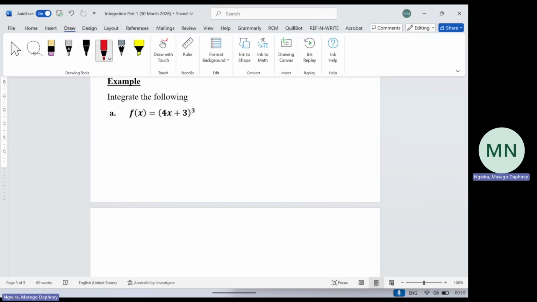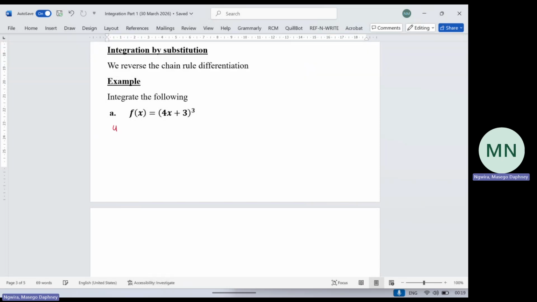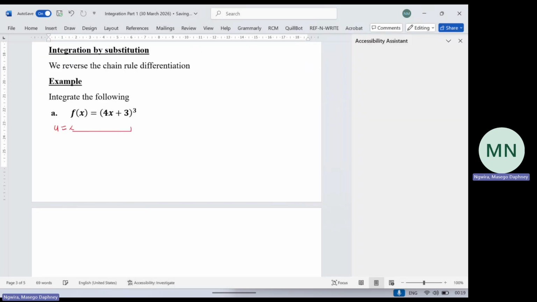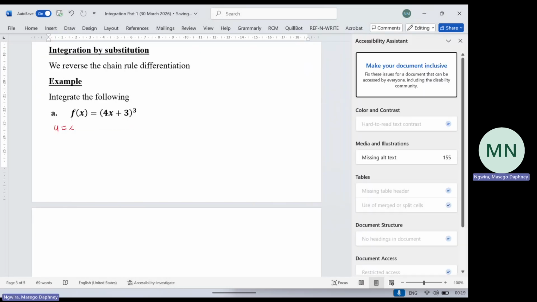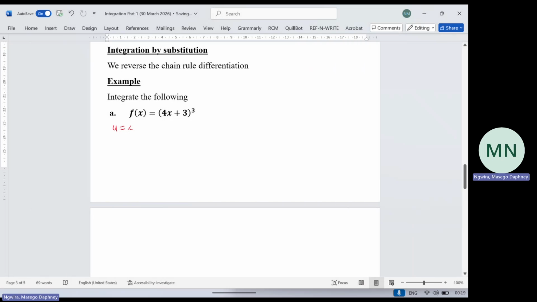When we integrate this one, we are firstly going to set u to be 4x plus 3.